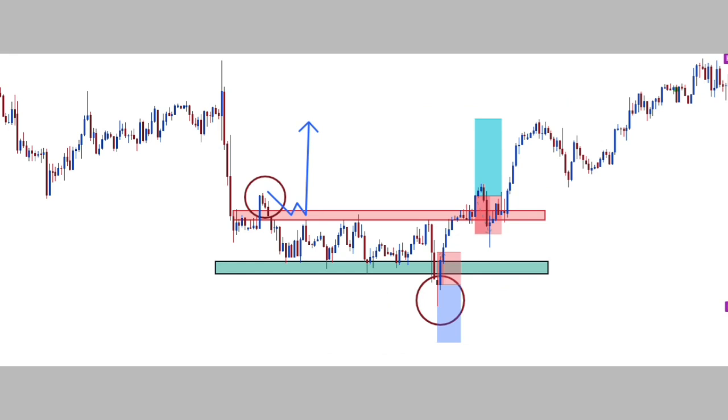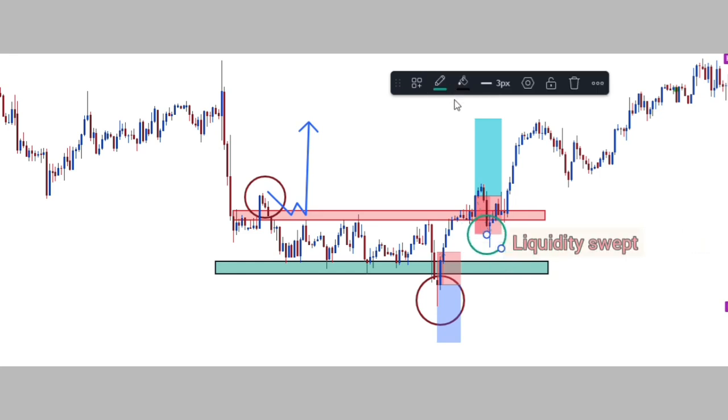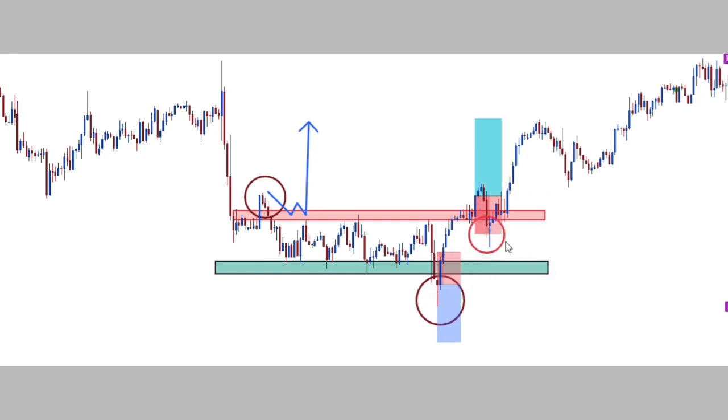Guess what? This would be a liquidity grab below the resistance. You see what I'm saying? This is a trap to take out liquidity to gather momentum to the upside.